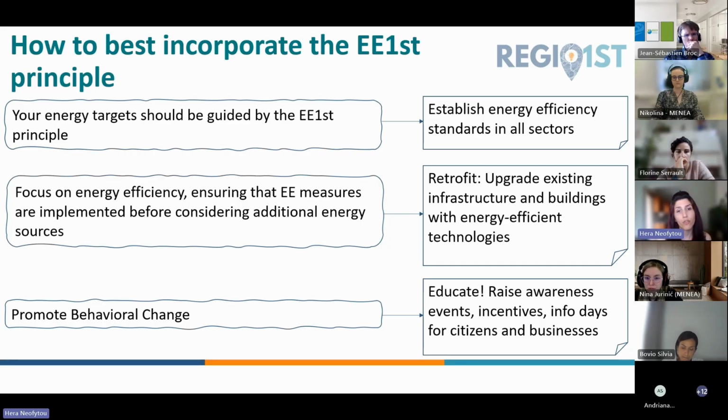Moreover, in order to ensure that the energy efficiency measures are implemented before considering additional energy sources, we should propose in our plan that the region should first upgrade existing infrastructure and buildings with energy efficient technologies, like the installation of insulation, double glazing, efficient lighting, efficient electric appliances, HVAC systems, solar water heaters, and others.